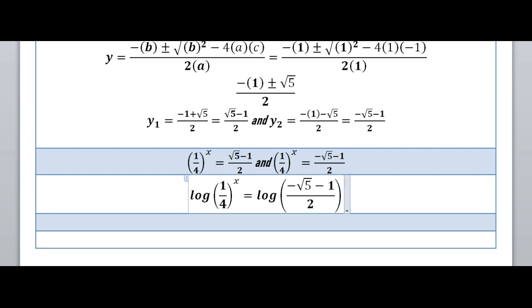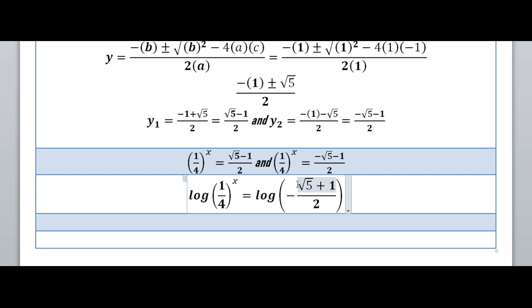Now, remember, in negative root 5 minus 1, negative is a common factor. If you factorize the negative outside, these other values now change to positive root 5 plus 1.